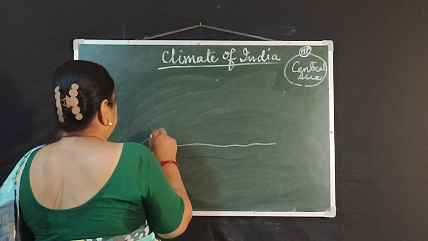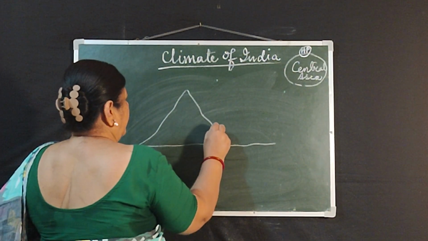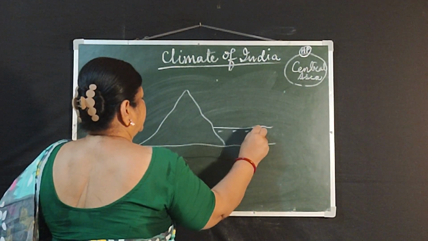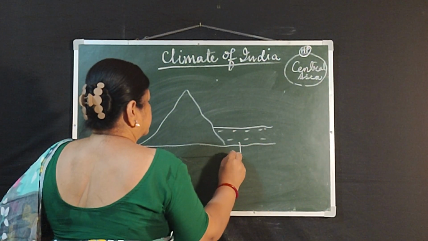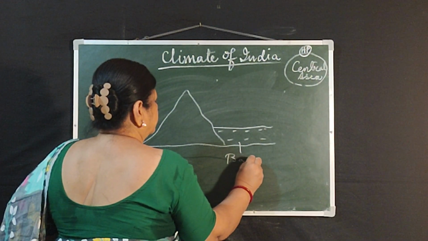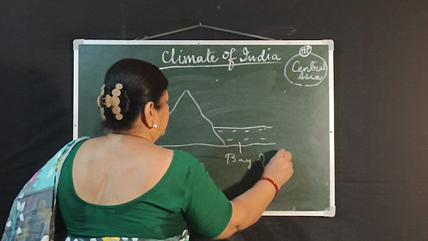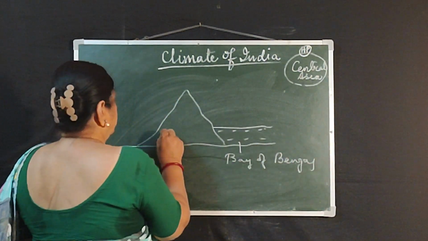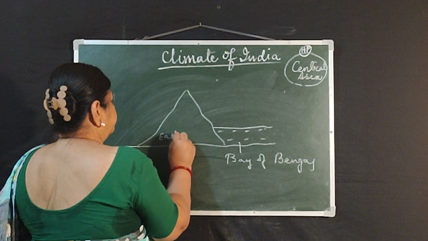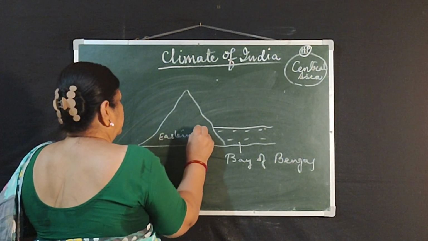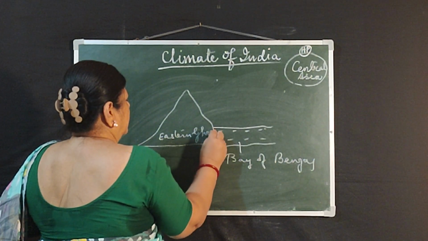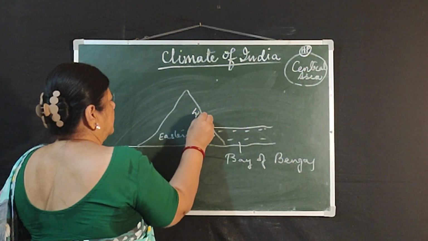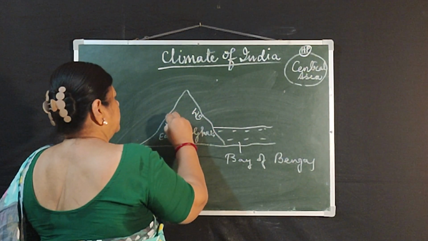So we will show the Eastern Ghats like this and the Bay of Bengal. You will label it as Bay of Bengal, and this mountain you will write Eastern Ghats. This is the windward side and this is the leeward side.